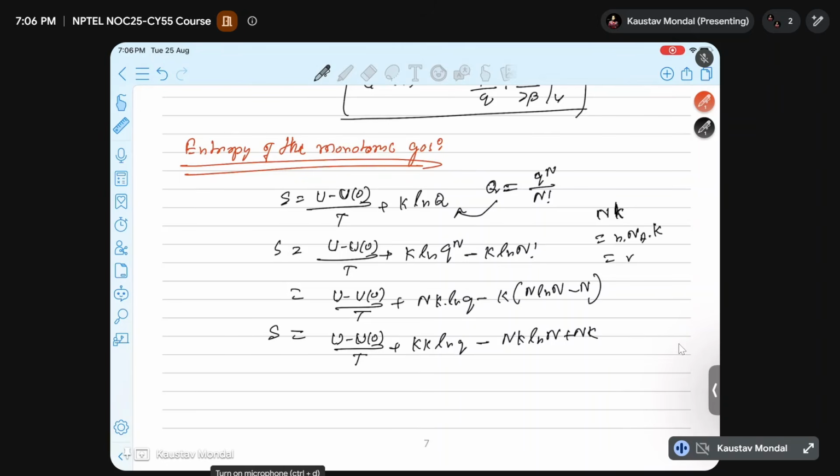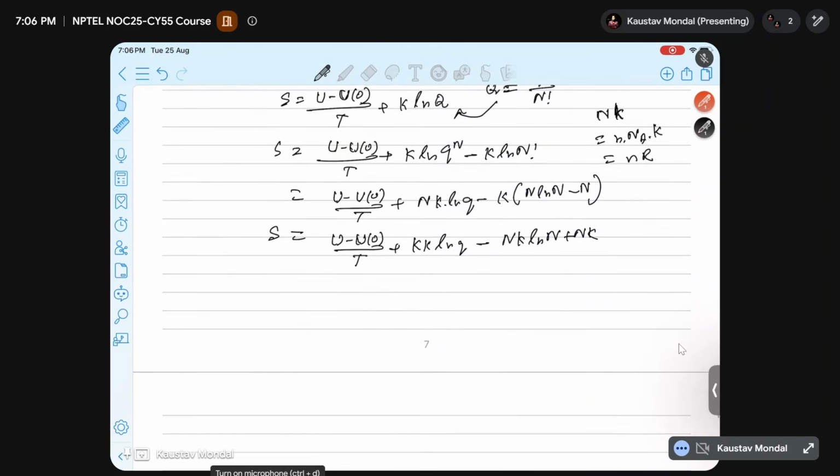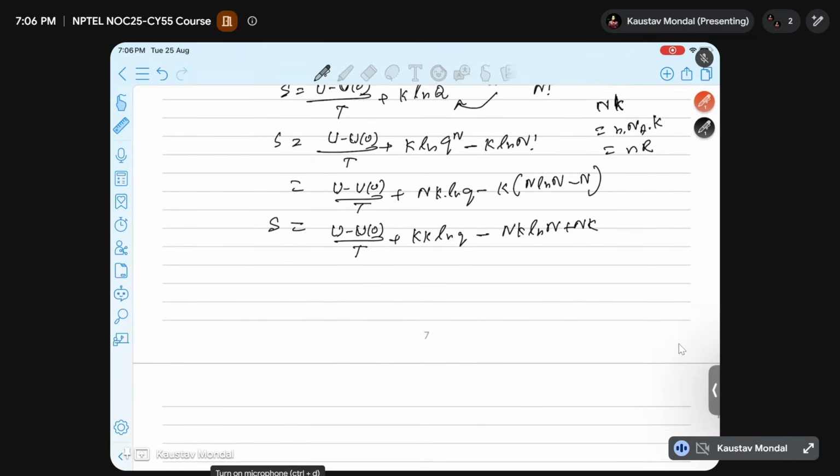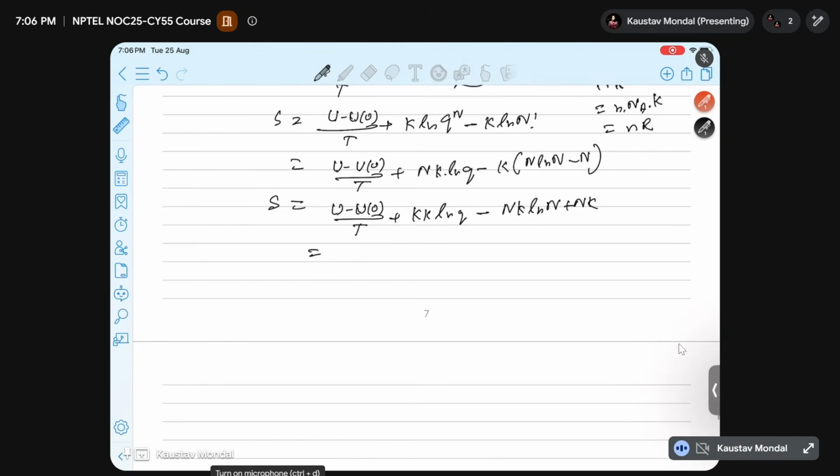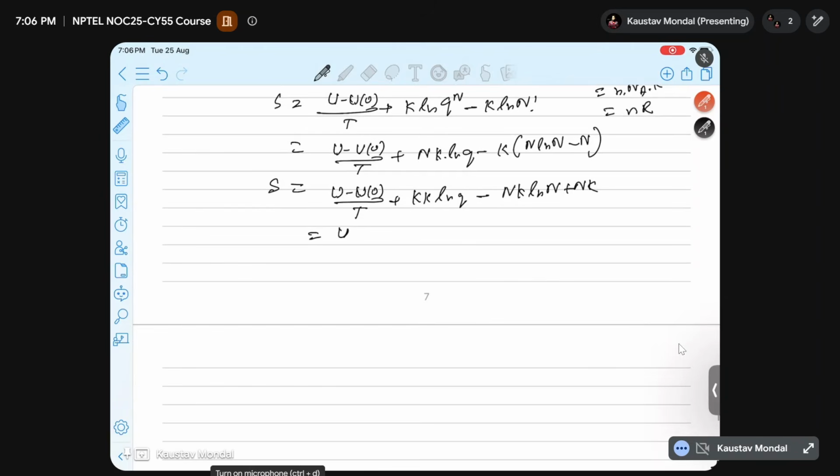Na into k is R. So we can replace Nk by nR, where small n is the mole number. So S equals U minus U0 by T plus nR ln q minus nR ln N plus nR.